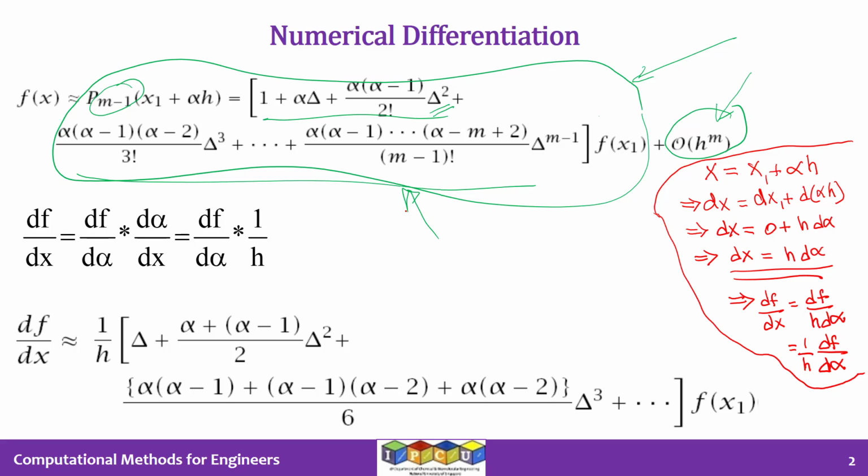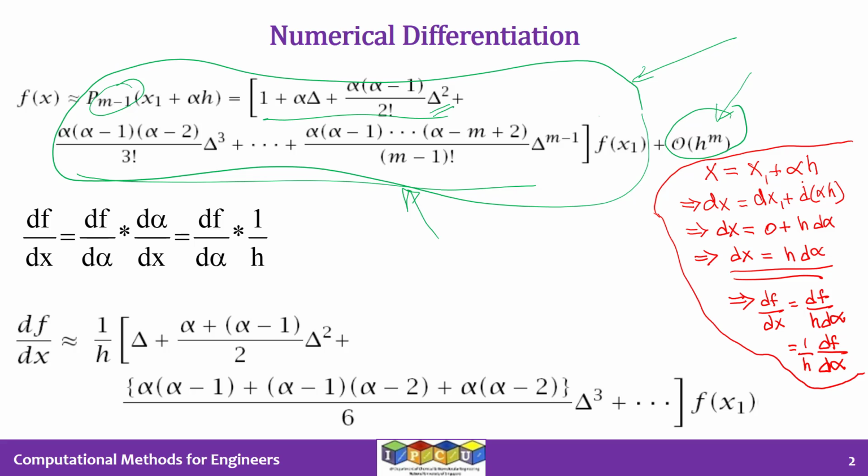Therefore, it makes sense for us to use alpha as the independent variable instead of x as the independent variable. But we know that x and alpha are related. In fact, we can write x as x1 plus alpha h. x1 is the reference point that we use to construct interpolating polynomials based on forward differences. Therefore, we write x is equal to x1 plus alpha h.